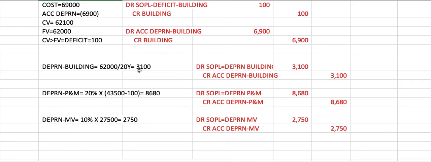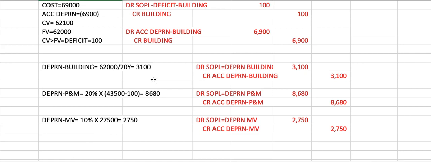Okay, these are all depreciation for the building, plant and machinery, and motor vehicle: 3,100, 8,680 and 2,750. So it goes into administration here. So here write depreciation building, depreciation plant and machinery, and depreciation for motor vehicle.